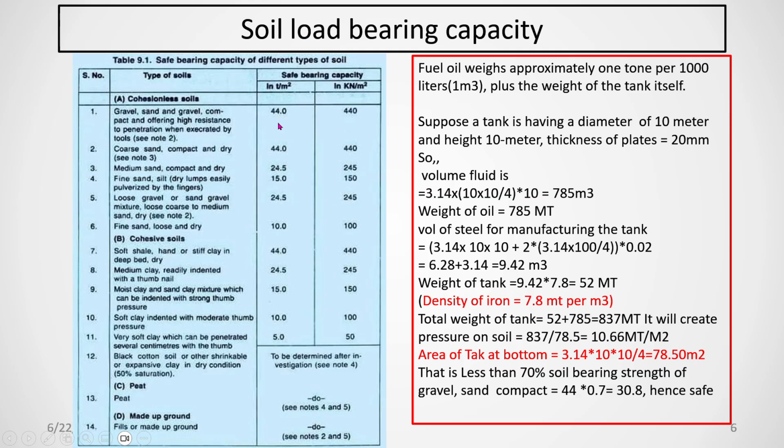So load bearing capacity is 44 into 0.7, that is 30.8, which is also greater than the load created by the tank on the soil due to its own weight plus liquid weight, that is only 10.66. That means it is very safe, so there will be no sinking.